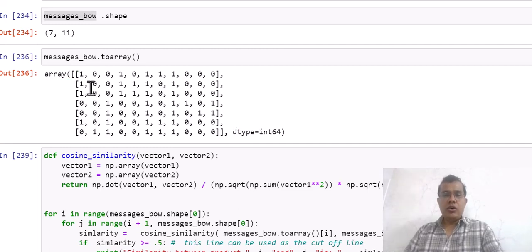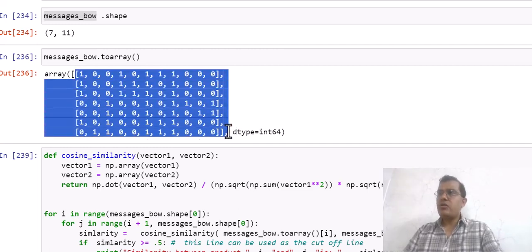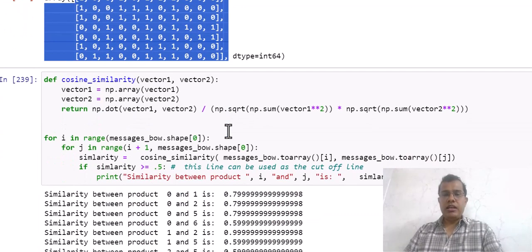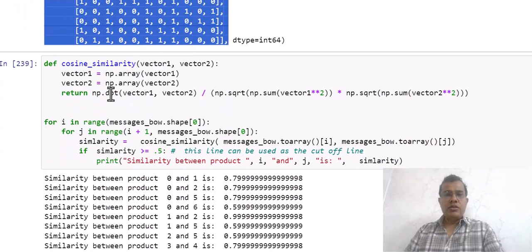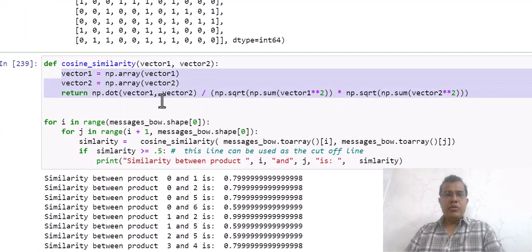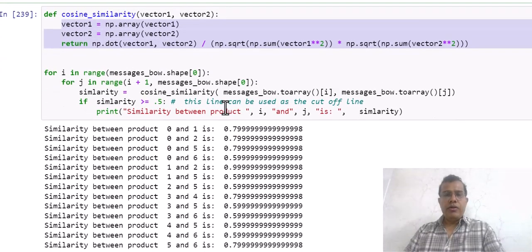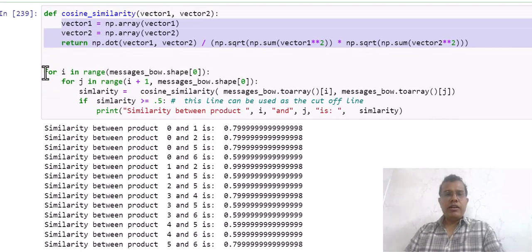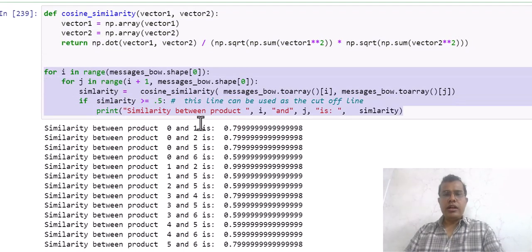Now, on this logic, I will use cosine similarity. The data was first converted into numbers, and now I'll use cosine similarity. I'm using a def function, cosine similarity, and it will return the dot product. Now I give a call to my function and this is how it runs.